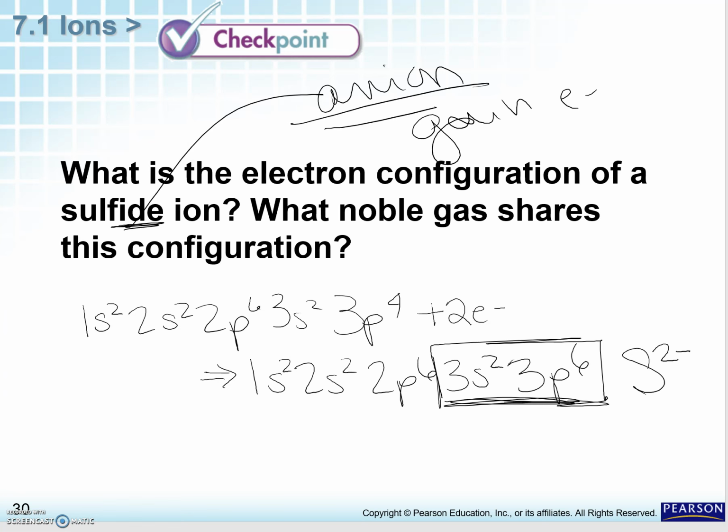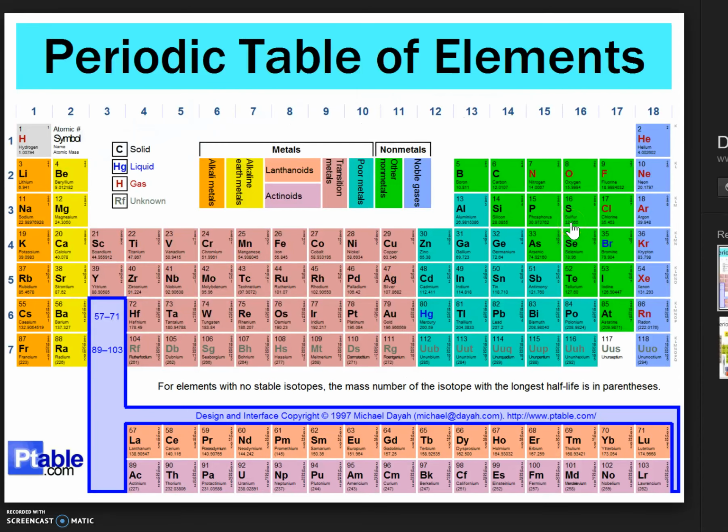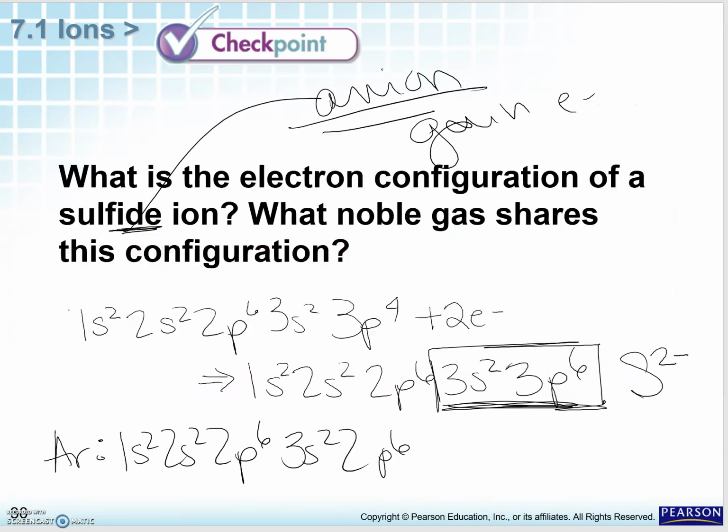So let's check back with our periodic table to figure out which one it looks like. So if we were going to count over 2 boxes, because we did gain 2 electrons, 1, 2 would make us look just like argon. So let's see if our electron configurations match to that of argon. So I've already written out our electron configuration for that of argon, and they are exactly the same.